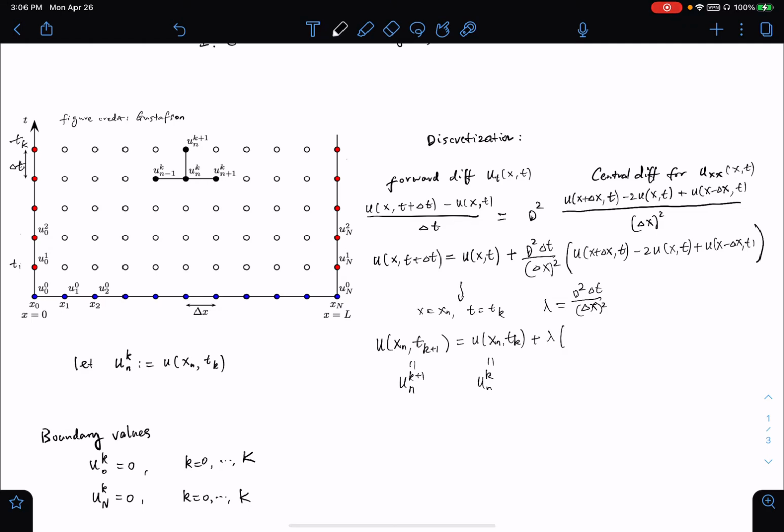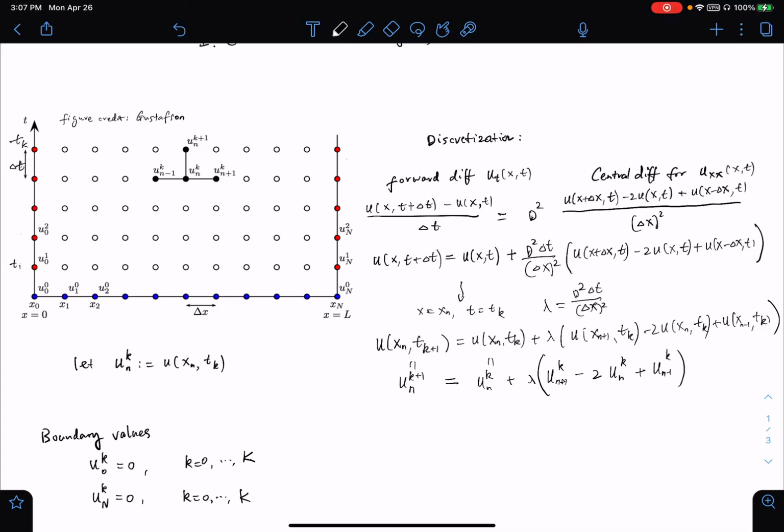So this is plus lambda times u at xn plus delta x, which will be xn plus 1, at time tk, minus 2u at xn at time tk, then plus u at x minus delta x, which will be the previous grid point on the x-axis. So using this simpler notation, we have u_n^(k+1) equals u_n^k plus lambda times (u_(n+1)^k minus 2u_n^k plus u_(n-1)^k).